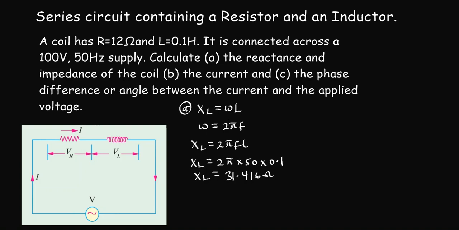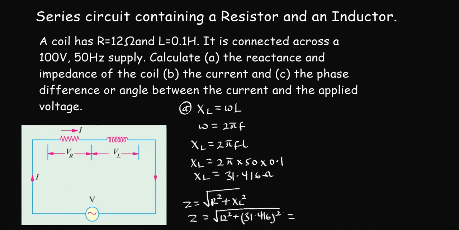The impedance is equal to the square root of the sum of the squares of the resistance and the inductive reactance. So the impedance Z is equal to the square root of R squared plus XL squared. When you do this, you're going to have the square root of 12 squared plus 31.416 squared.